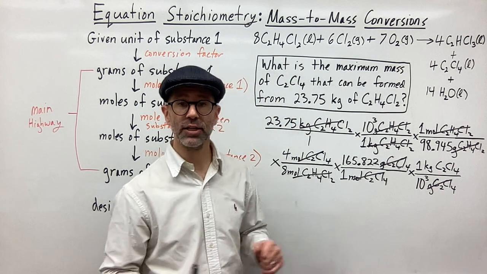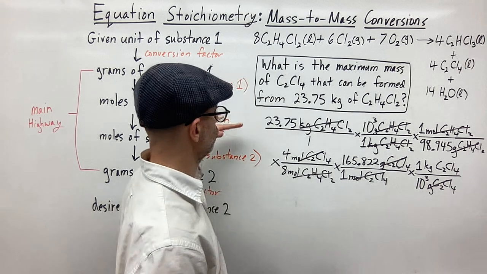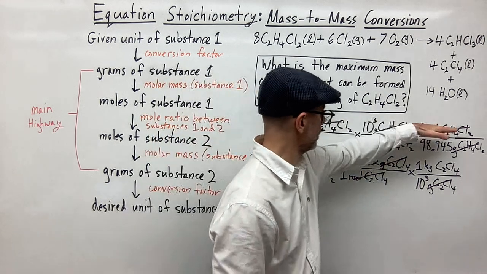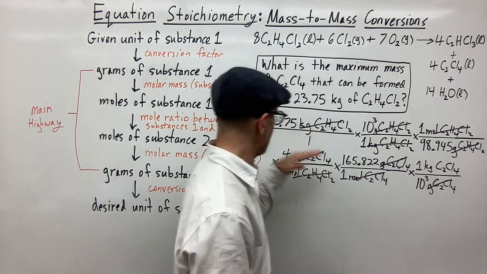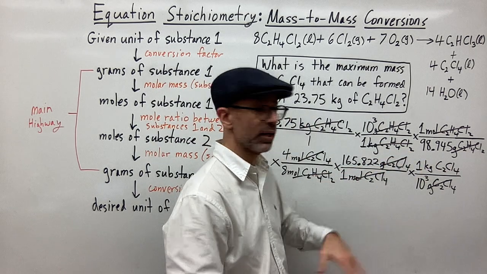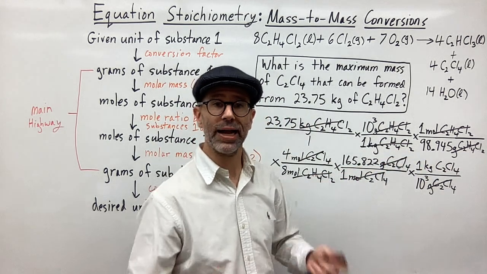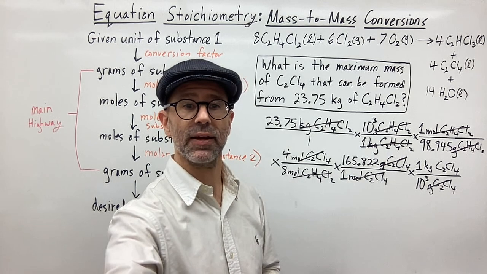No more conversion factors. So now all I need to do is multiply everything on the top and then divide by everything on the bottom, and I'll get my answer. And I got the answer. What did I get?